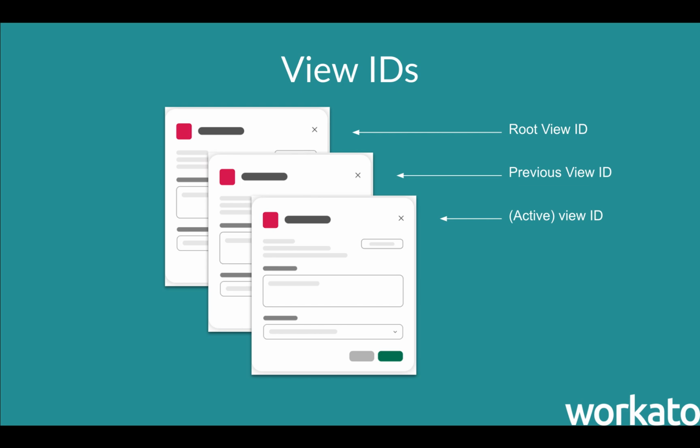And because modals can be stacked thrice, there can be up to 3 view IDs, namely the root view ID, the previous view ID, and the view ID. If view ID is the ID of the view from which the command was invoked, then the previous view ID is the view directly underneath that. The root view ID is simply the bottommost view in the stack.